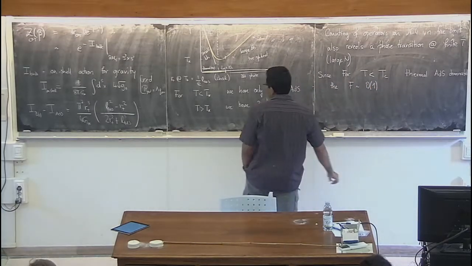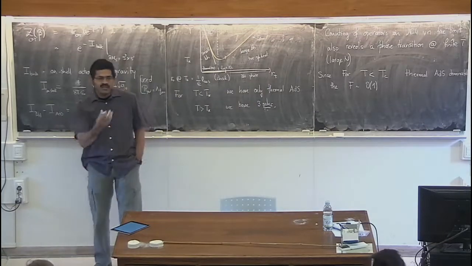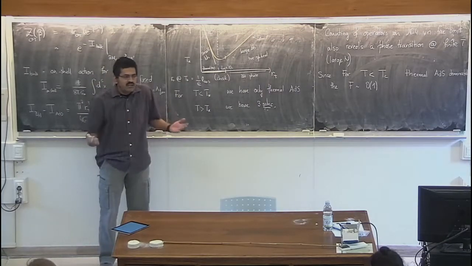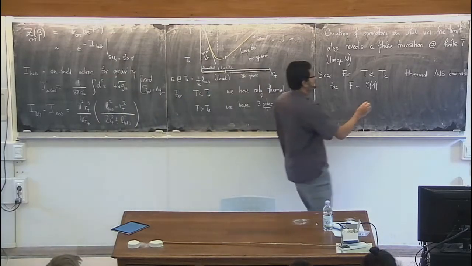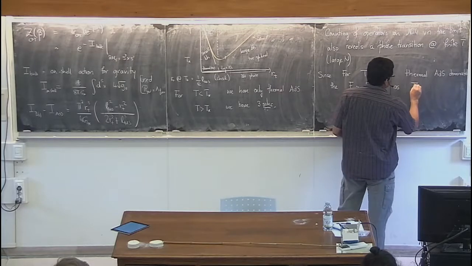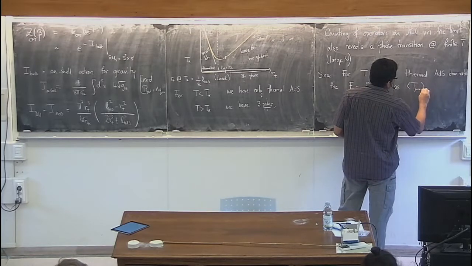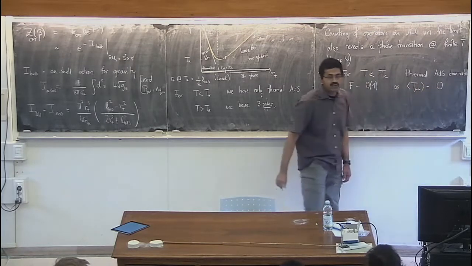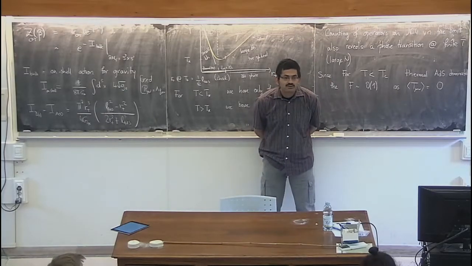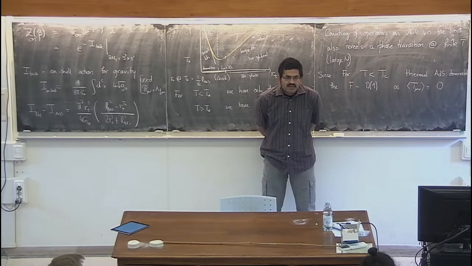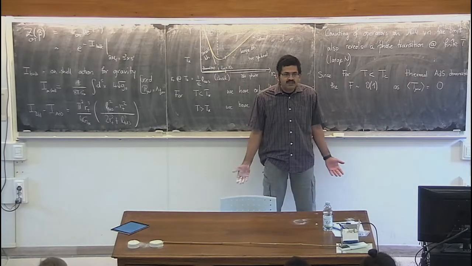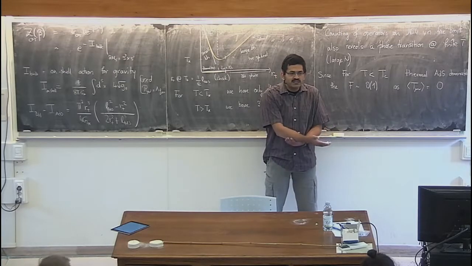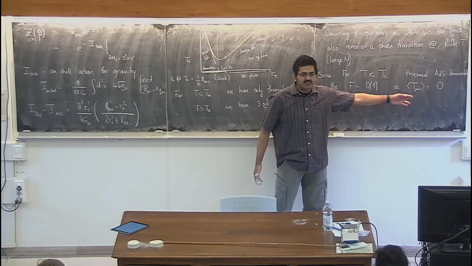In other words, the thermal AdS solution is just the AdS spacetime. So when we compute the energy momentum tensor, you'll get 0. Right? It's the same vacuum spacetime that we encountered before. So the vacuum has 0 expectation value for the energy momentum tensor. I took that spacetime and analytically continued it. I should still just have 0 for the energy momentum tensor.